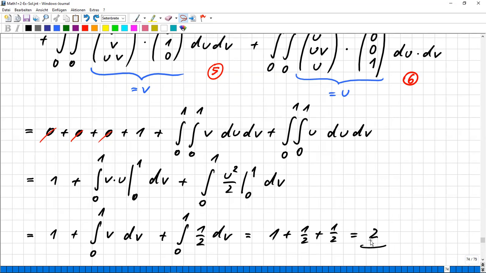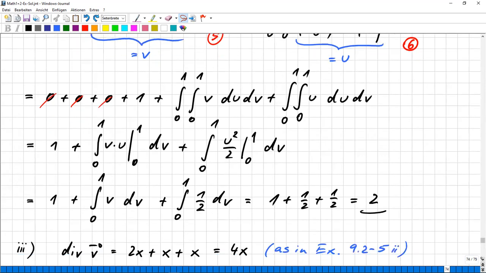So 2, in mathematical units, is the total flux of this vector field on the cube, which means there is a positive flux. So there is some outward radiality of this vector field altogether, if summed up along the surface of this cube. And that's really what we wanted to find out.